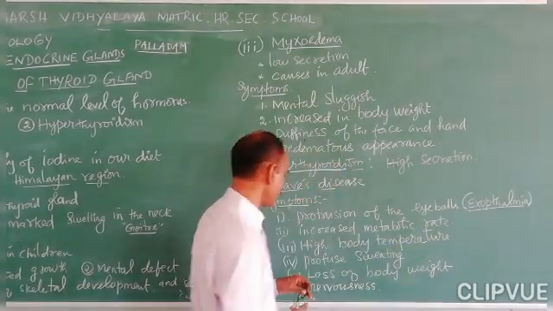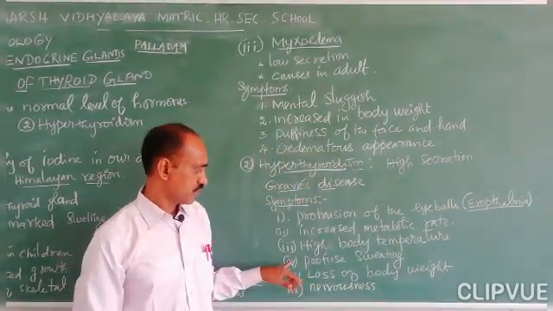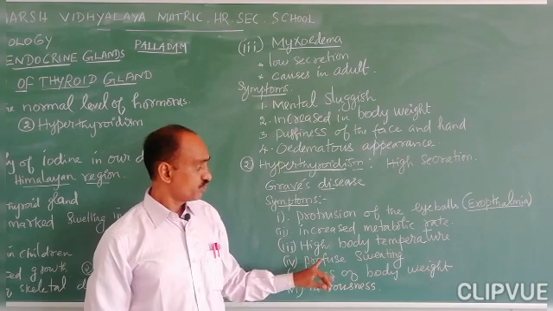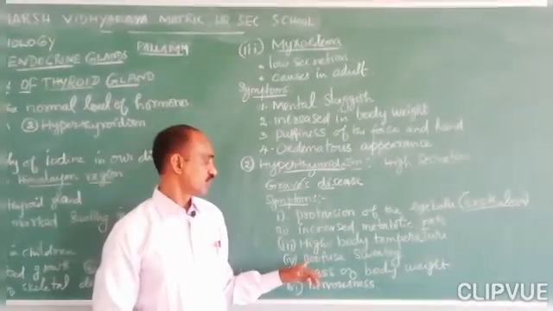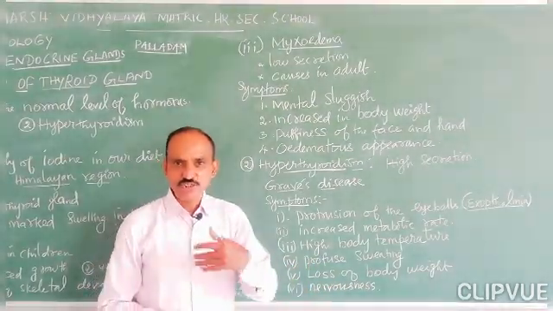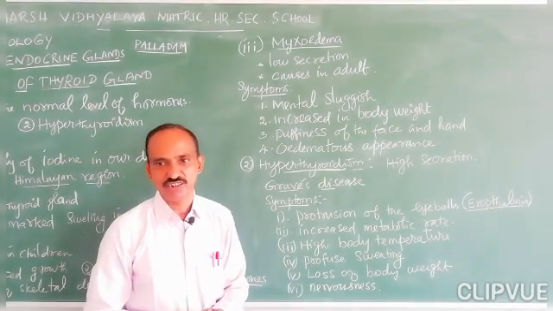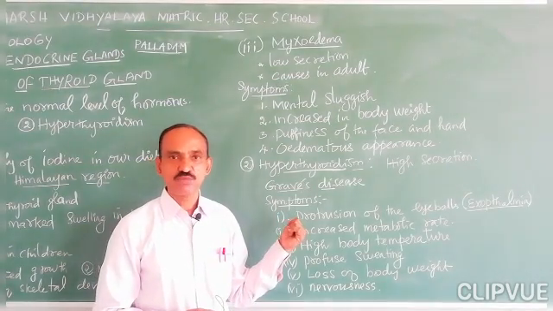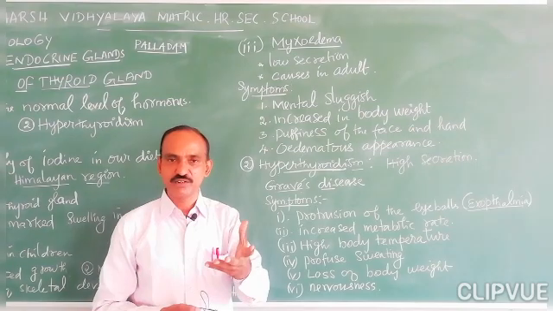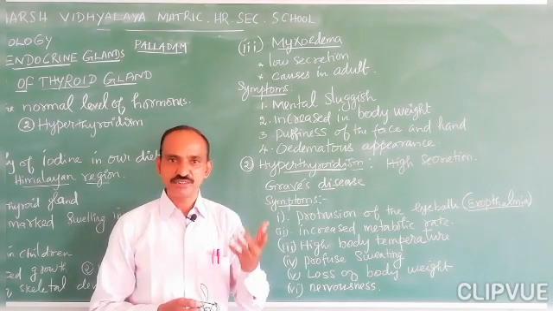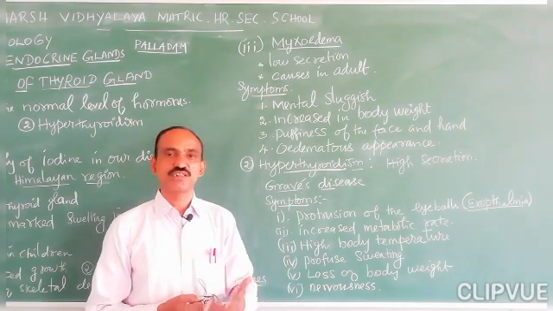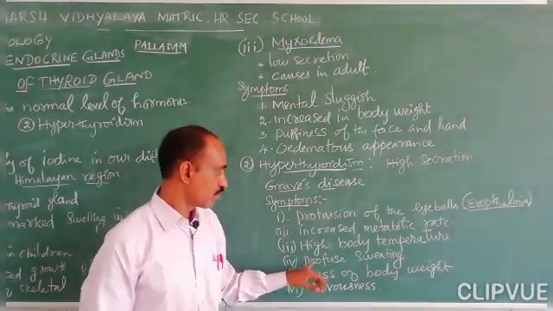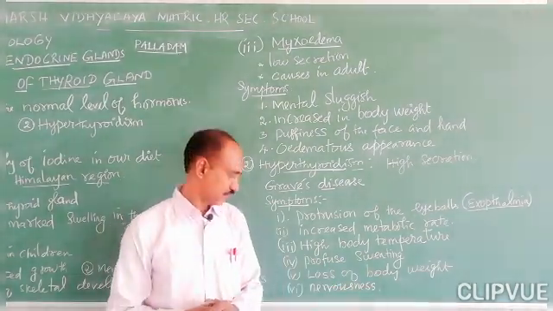Then fourth point, profuse sweating. Profuse means continuous sweating takes place in their body. When this hormone secretion is more, in these people's bodies continuous sweating takes place, that is called profuse sweating.